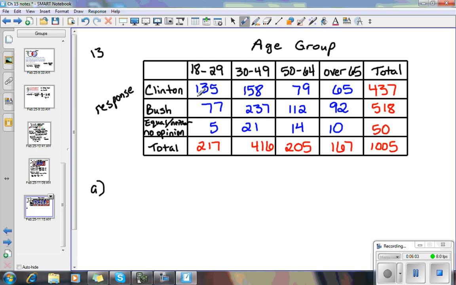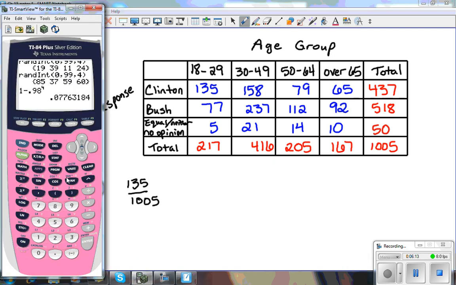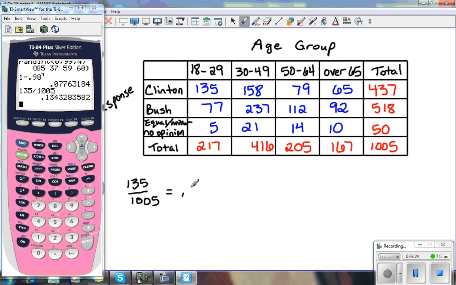So age between 18 and 29 who picked Clinton is going to be 135 out of 1,005. And we get 0.134.